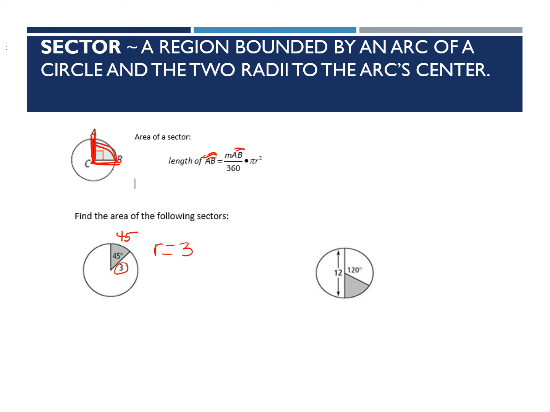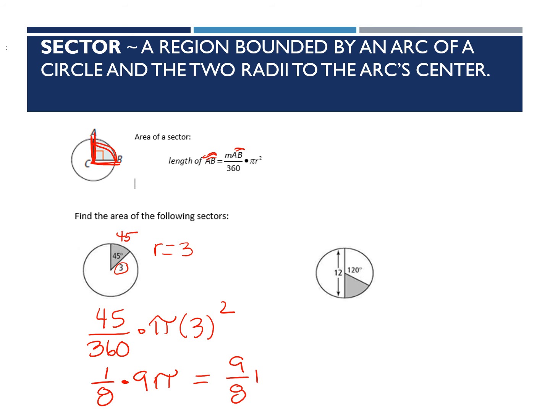The part of the circle that we're dealing with is 45 over 360 times pi r squared. 45 over 360 reduces to 1/8. 3 squared is 9. So this is going to be 9/8 pi.